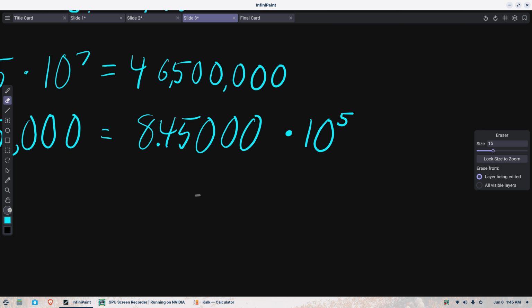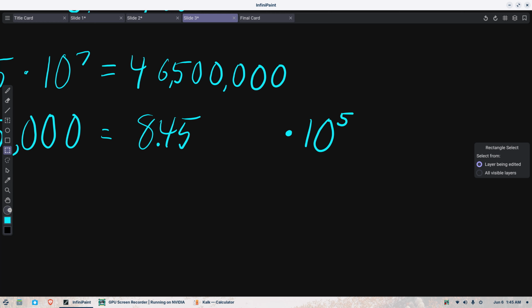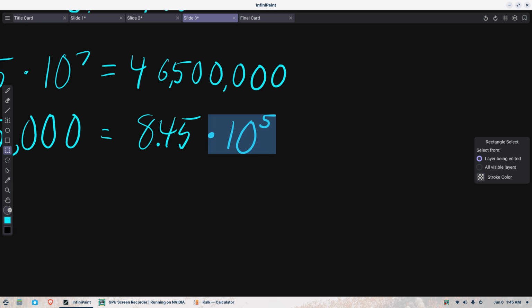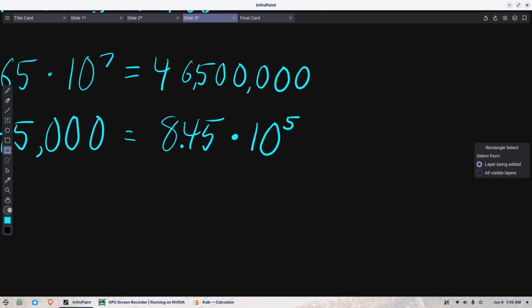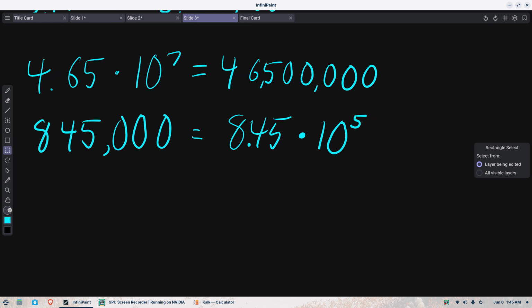So I'll erase what we've written. I'll erase these zeros here in the decimal columns because those are extraneous. And I'm going to move this down. And you can see here that 845,000 becomes 8.45 times 10 to the 5th power.